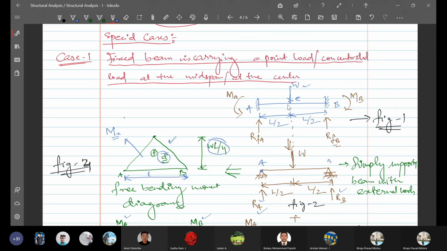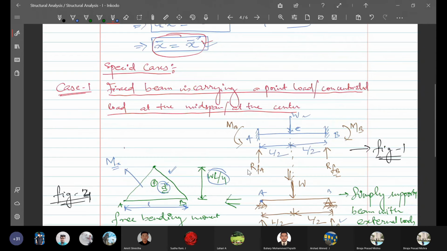Then what will be the deflection and the maximum bending moment? We need to find it out. So let us take case 2. Before I move to case 2, is anyone having any doubt in case 1?